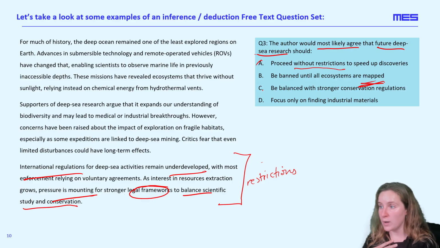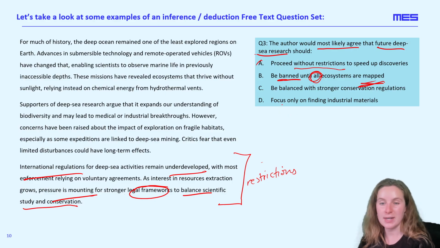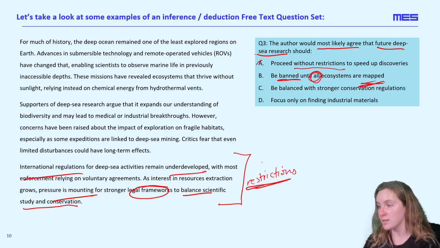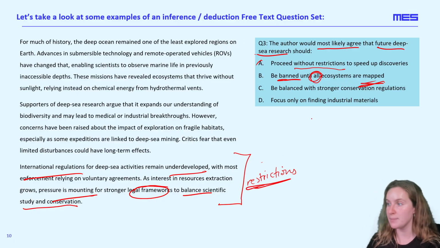So this one seems pretty incorrect, particularly this "banned" and "all", again, quite harsh words. We don't see anything about it being banned. Indeed, it seems to be going the opposite direction. And "all ecosystems are mapped" is another very harsh term that seems unlikely with these restrictions being underdeveloped currently.